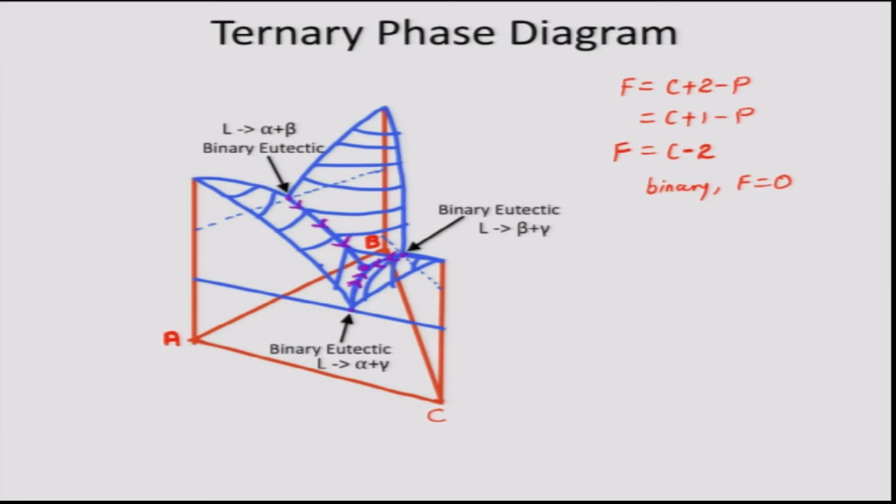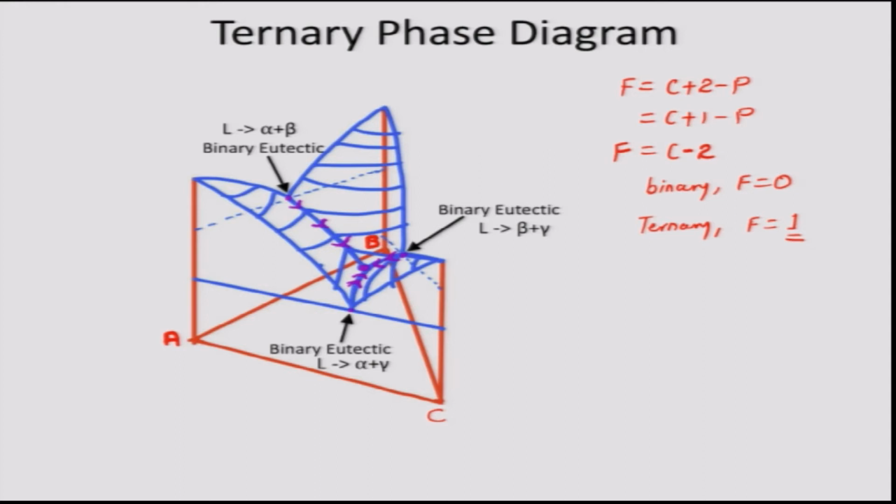However, in a ternary, since C is equal to 3, we still have 1 degree of freedom, and hence a binary eutectic in a ternary phase diagram solidifies over a range of temperature. I have highlighted the ranges of 3 different binary eutectics by the arrows here.